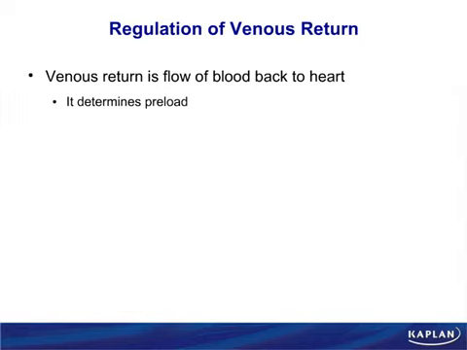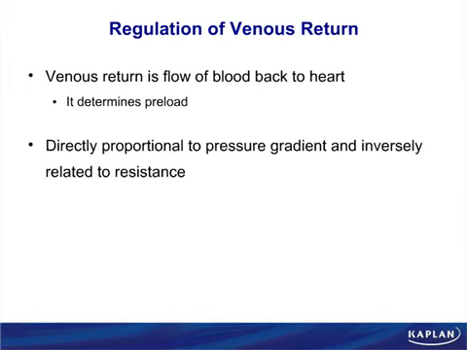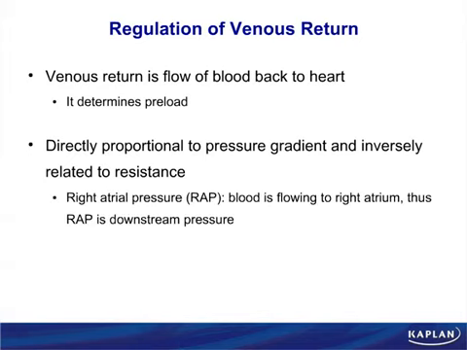All right. Now, venous return is a flow. Therefore, it must follow the physics of flow. It is directly proportional to a pressure gradient and inversely related to resistance. Pressure, flow, resistance. Now, right atrial pressure. This is blood flowing into the right atrium.